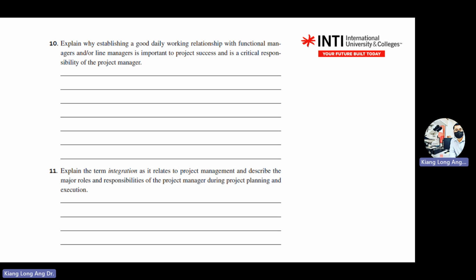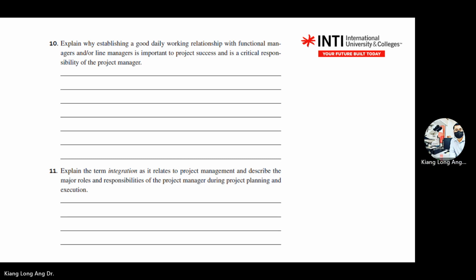If not, it becomes an island already, like the previous question. Because the functional units hold the resources, you make sure that they communicate and are willing to share the resources.